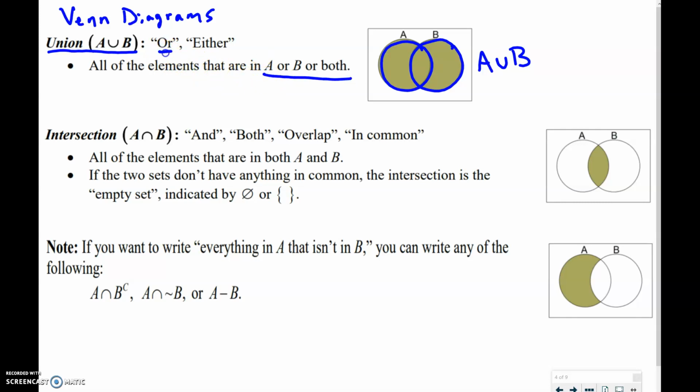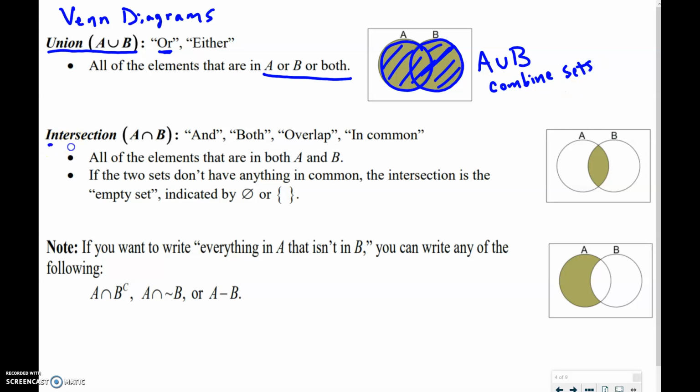So when you see the union, you want to think or. It's in one or the other or both. That's the union. Basically, you are putting the two sets together. You are combining two sets to make a bigger set. Union combines two sets to make a bigger set.